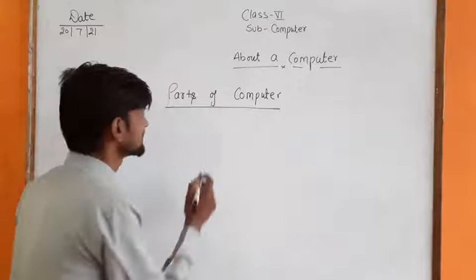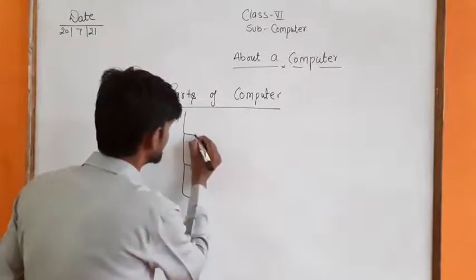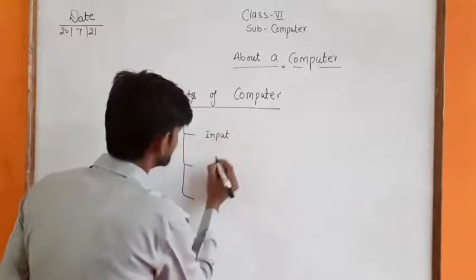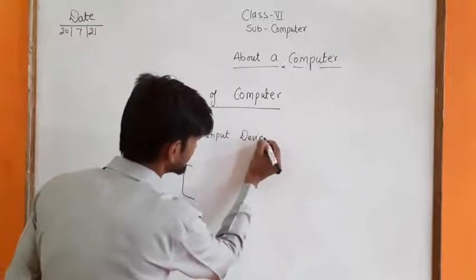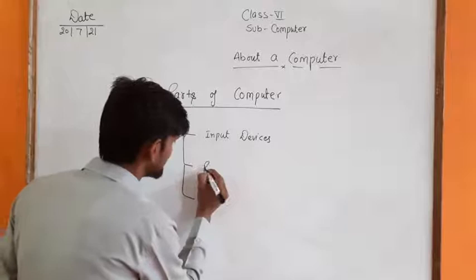So dear students, there are three parts of a computer. The first one is the input devices. The second one is the processing devices.